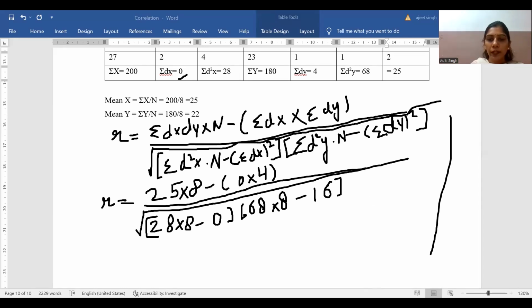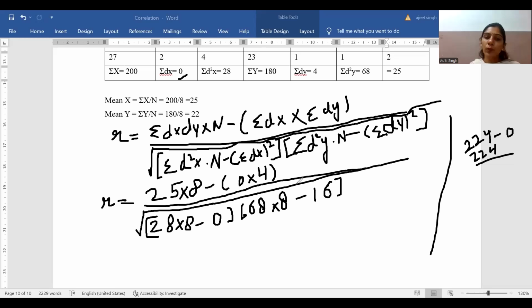So when we multiply 28 by 8, it is 224. When we do the minus of 0 from 224, the answer will be 224.